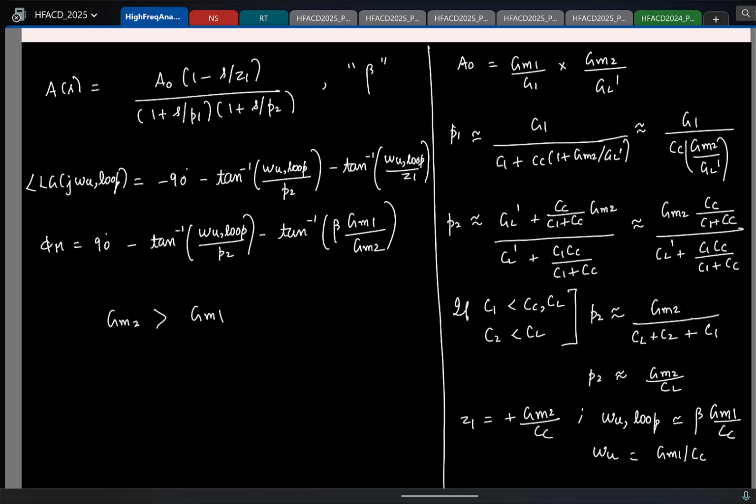If GM2 is larger than GM1, only then this will be a smaller angle, and you get a larger phase margin. So you straight away get a design guideline that if you have the RHP0, then you are better off choosing GM2 to be much greater than GM1. Is that okay?